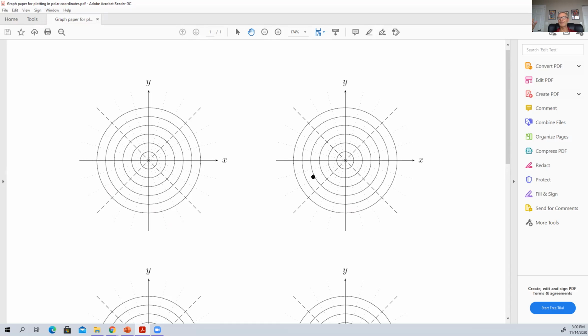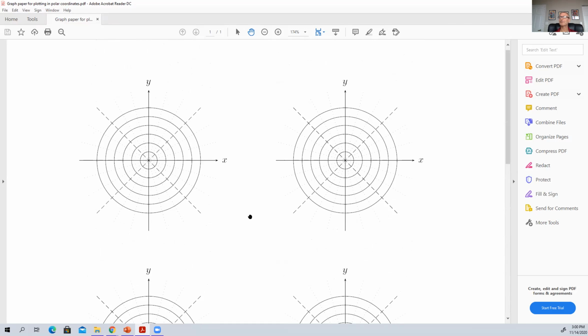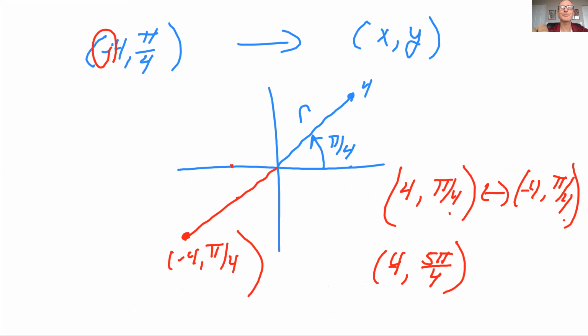And so you'd have that delineation for r. And then this is 0 degrees. The dotted line would be pi over 4 or 45 degrees, 90 degrees, 135, and so on and so forth. So I've uploaded this, and if we were together, I would print you out a couple copies so you could play with it when you're plotting points on those graphs.